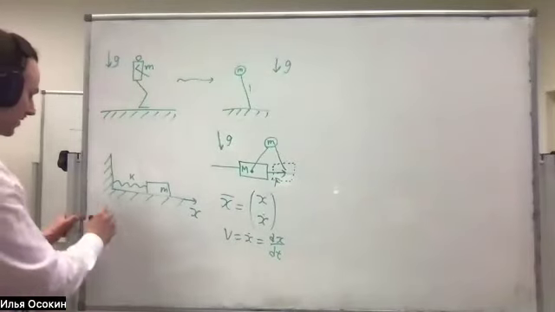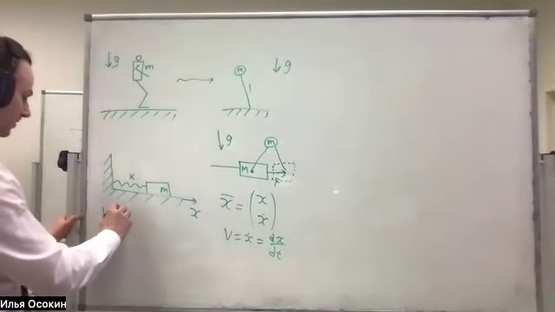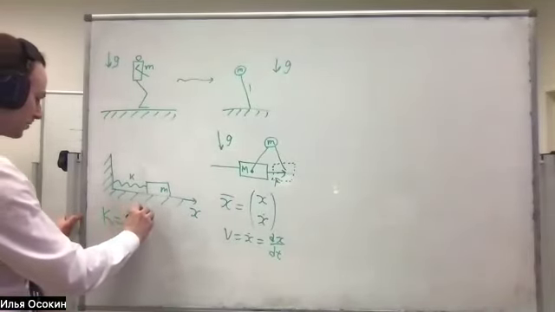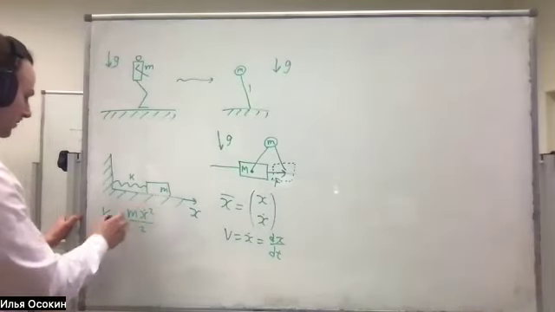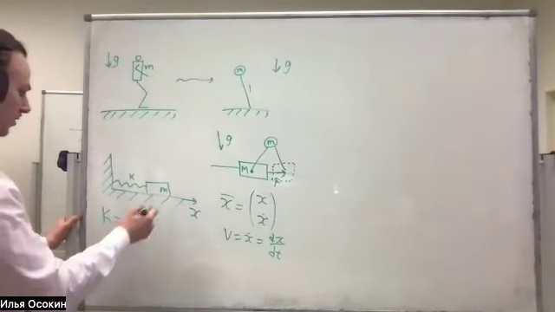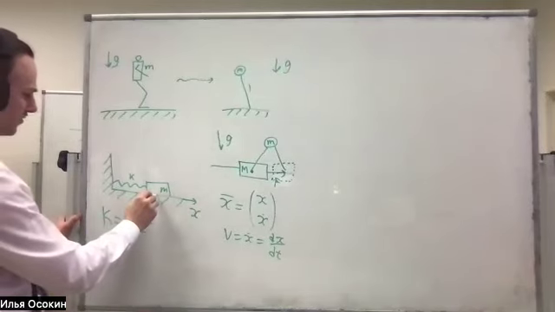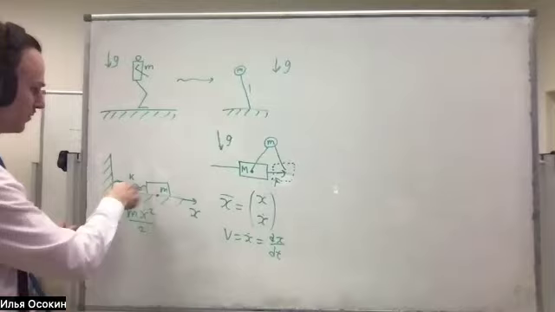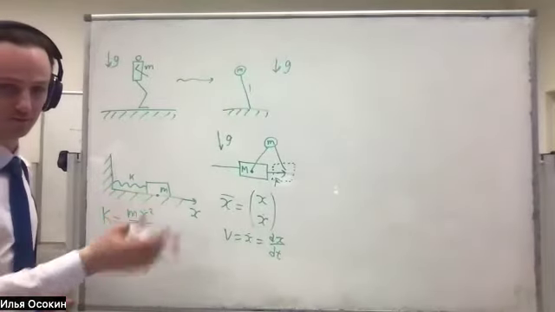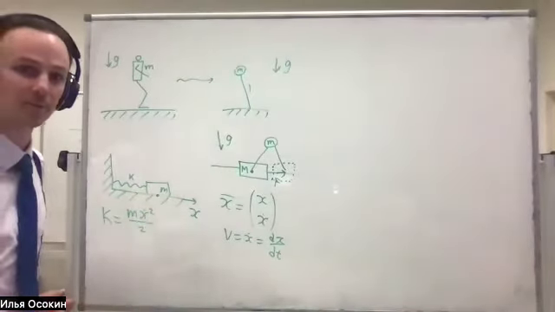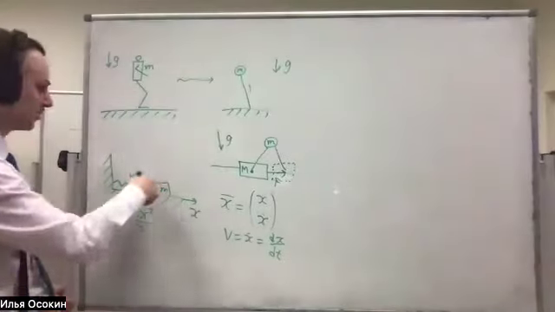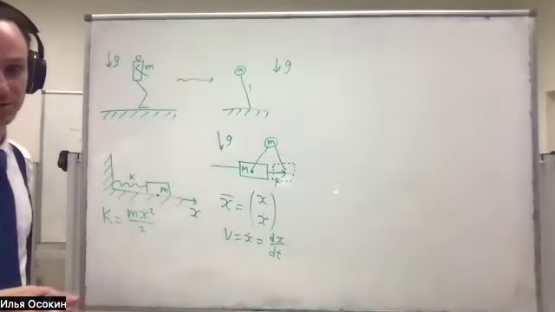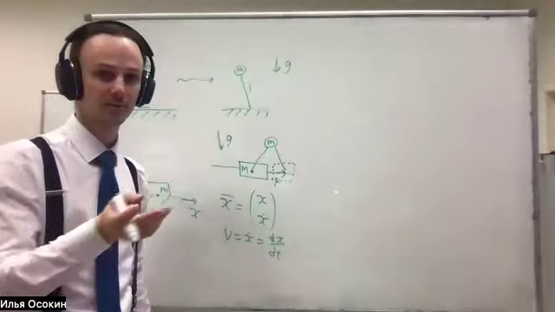So in such a case, the kinetic energy is simply m x dot squared over 2, and for the potential energy, I'm going to move 0 right here, where the equilibrium of the spring is, just to make everything simpler. If our block is sitting at 0, there is no force from the spring acting upon it.